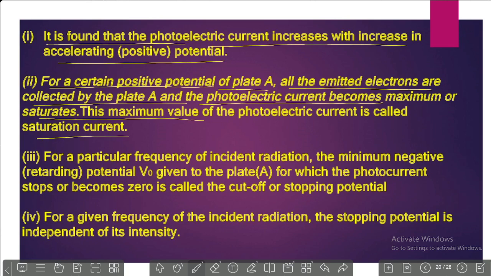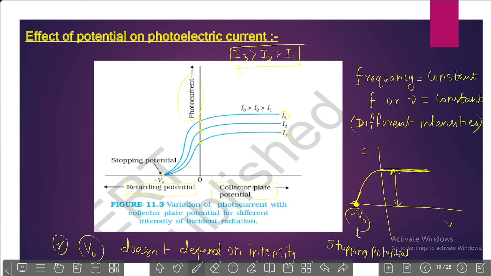Saturation current. Now you can understand this graph. Another graph I am drawing on the left side. This is the current, and this is the potential. Current increases and becomes saturated. This value, suppose I max, is called saturation current.